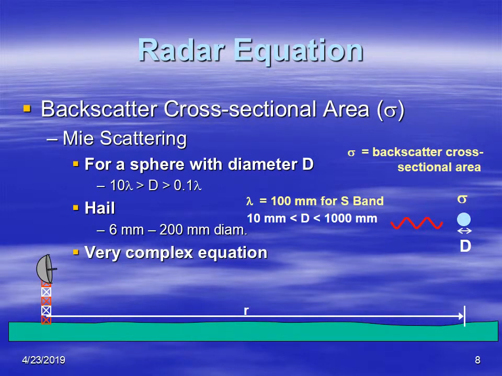That would be somewhere between about 10 millimeters and 1,000 millimeters, and that actually is about the same size as hail. Hail ranges from about 6 millimeters all the way up to about 200 millimeters in diameter. The problem is the equation is not linear. It's not real straightforward. It's kind of complex.